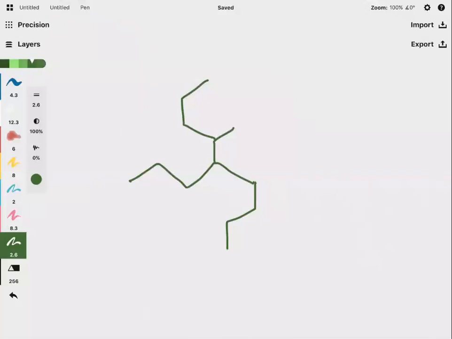Okay, so it's kind of hard to see here, but the answer to this question is that the longest chain in this structure is going to be if you start from the top or the bottom. So let's say 1, 2, 3, 4, 5, 6, 7, 8, 9. So it's a 9 carbon chain. So it's going to be a nonane.